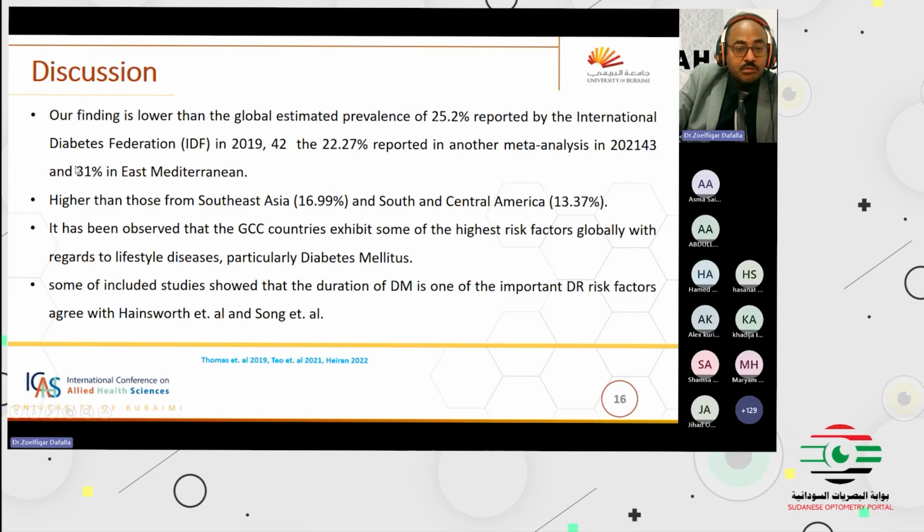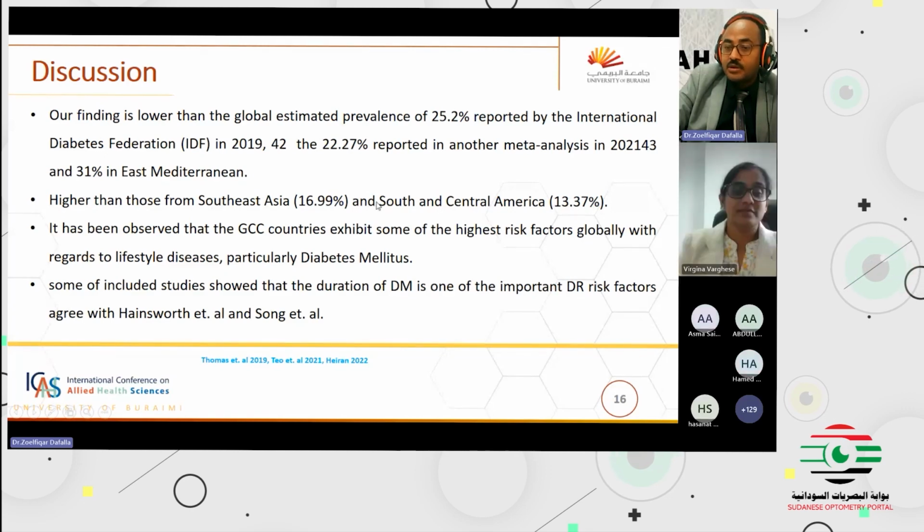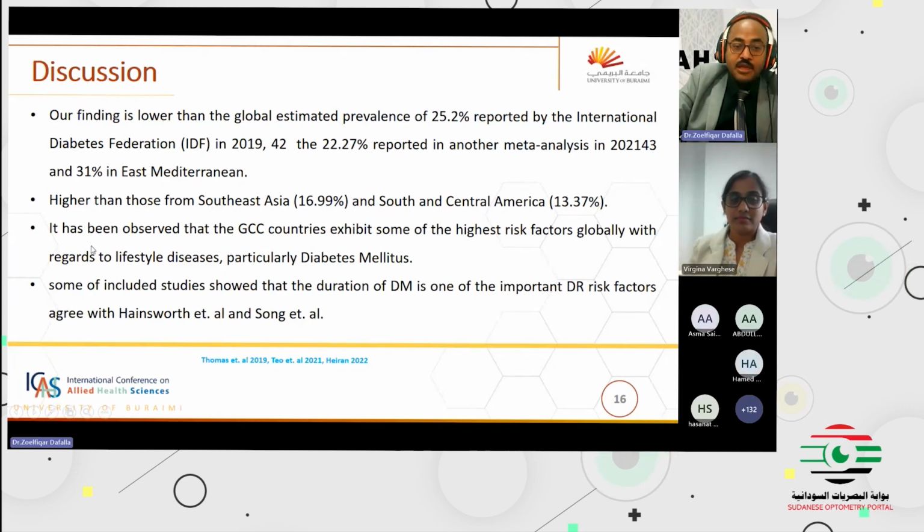The Mediterranean estimation is also higher than our studies. Our study is higher than Southern Asia with 16.99 and South and Central America with 13.37.